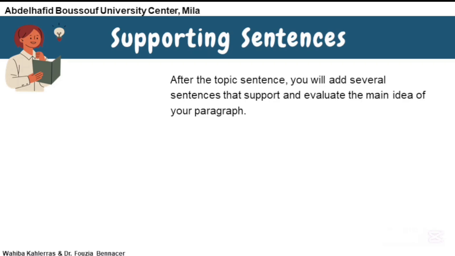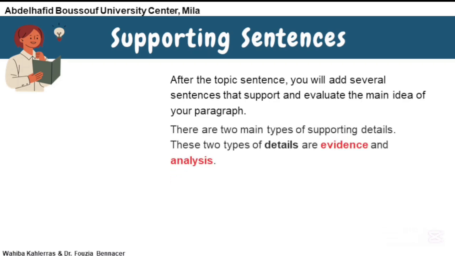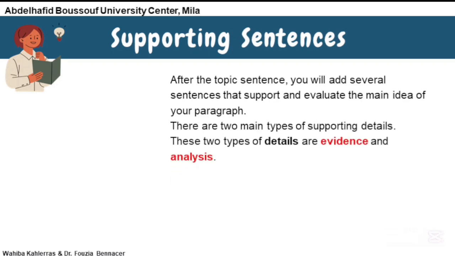Moving to supporting sentences. After the topic sentence, add several sentences that support and develop the main idea of your paragraph. These sentences are basically details or examples. We call them evidence that what you're saying is true, or explanations of what you're saying.